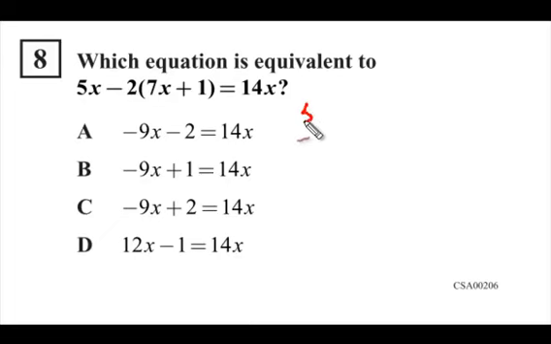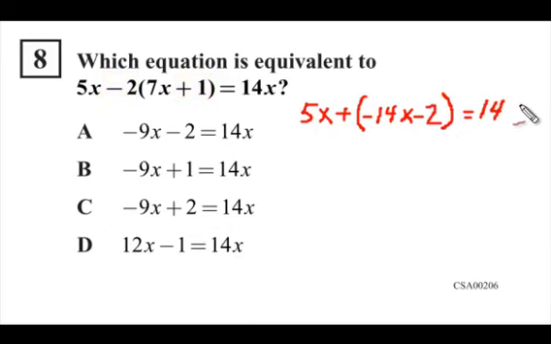That gives us 5x plus negative 2 times 7x, which is negative 14x. Negative 2 times 1 is negative 2, equals 14x. So this looks like 5x minus 14x minus 2 equals 14x.